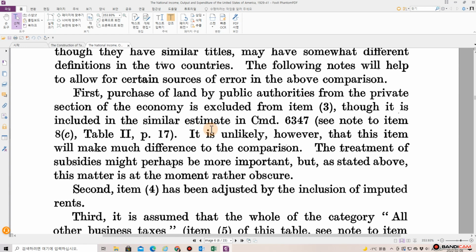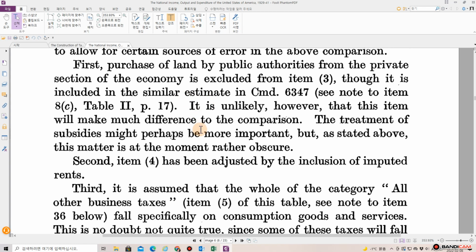First, purchase of land by public authorities from the private sector of the economy is excluded from item 3, though it is included in the similar estimates in Cmd. 6347. See note to item 8C.